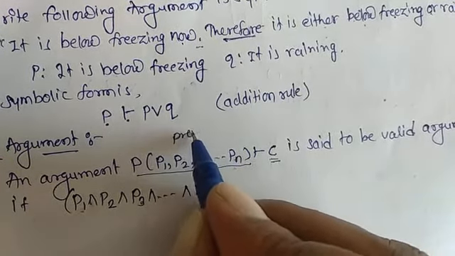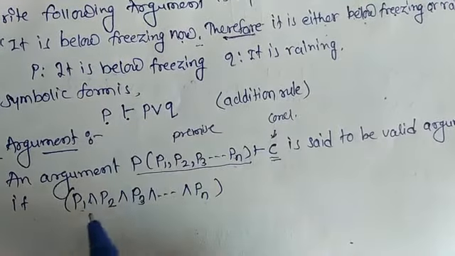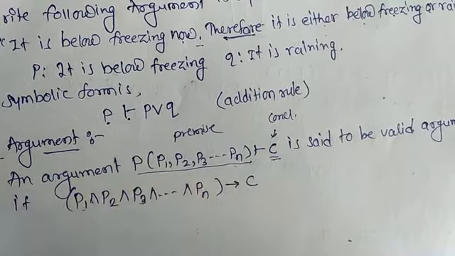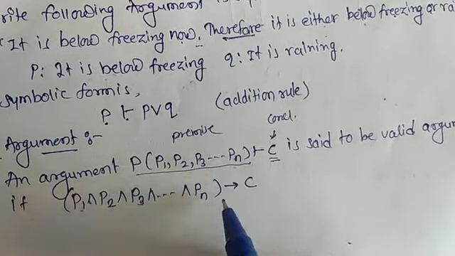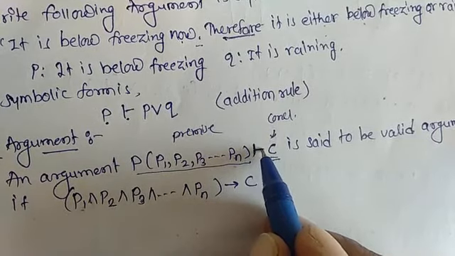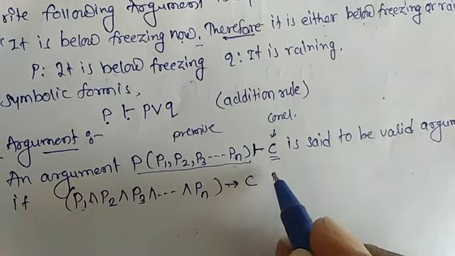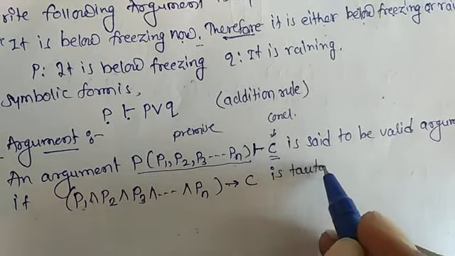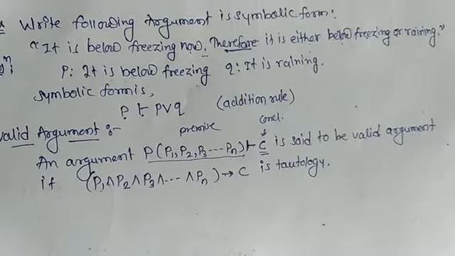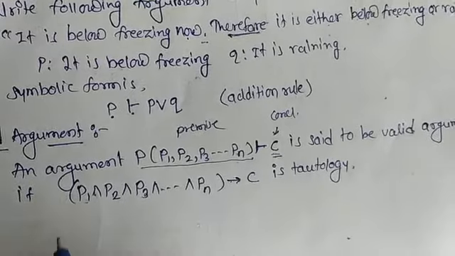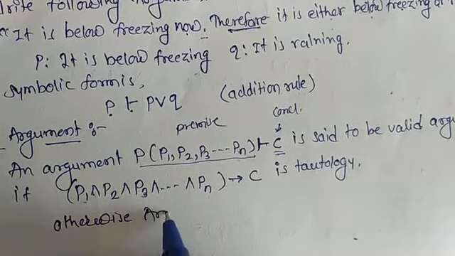That means we take the AND of each premise and replace the conclusion sign by implies. If it is a tautology, then the given argument is valid, otherwise the argument is invalid.